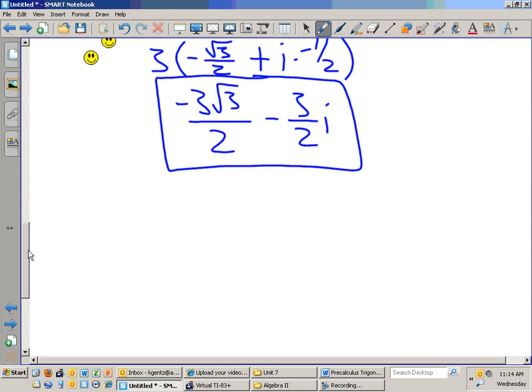We like to write complex numbers as two separate parts. It's pretty. We got one more.